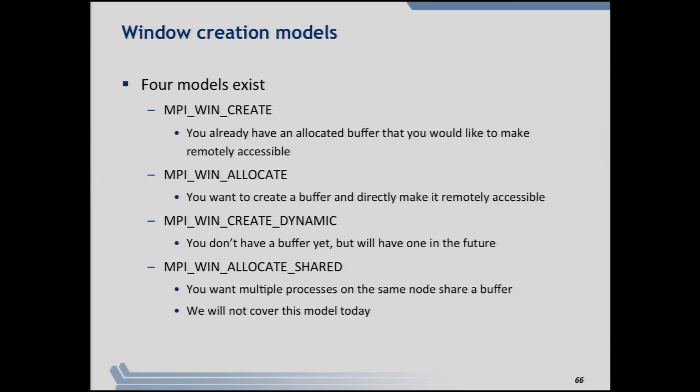Now, you can't create this kind of window object for all the processes on Vesta. The limitation is that the MPI implementation can decide what's supported under the system. And what that usually is is a single shared memory node.